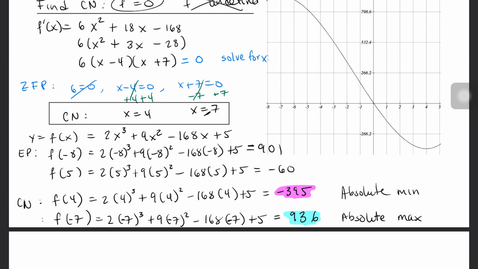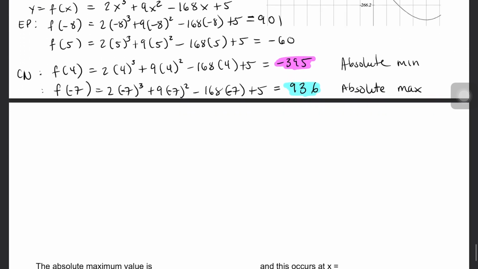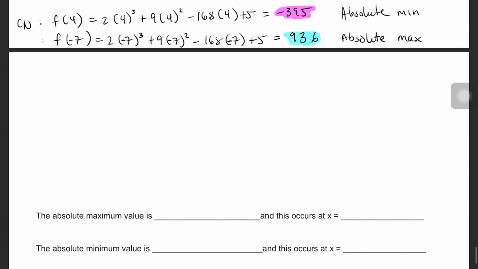So there you go. We found these values, so we're going to write them over here. 936 is the absolute maximum value of the function, and it happened at x equals negative 7. The minimum value is negative 395, and it happened at x equals 4. I don't have to write the x here because it's already there.